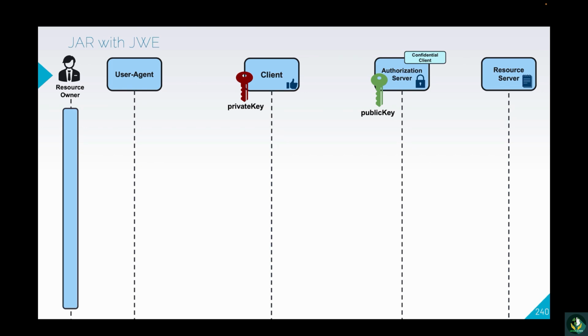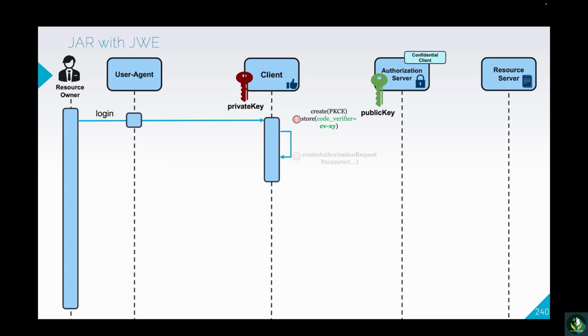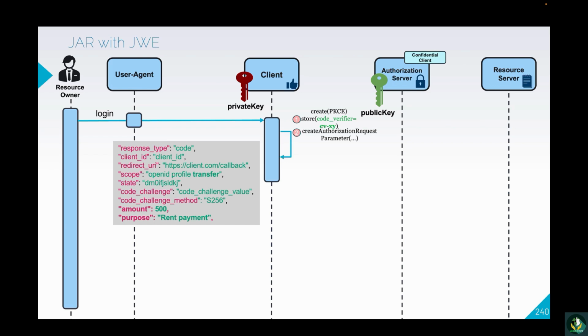It encrypts the token. First, as usual, the resource owner initiates the flow. The client then performs the same steps as JAR, generates a PKCE and stores the code verifier securely, creates the authorization request parameters, including some sensitive information like an amount of 500 and the purpose rent payment that needs to remain confidential.